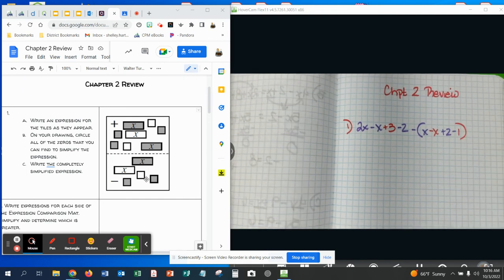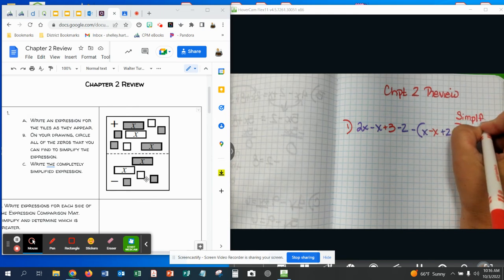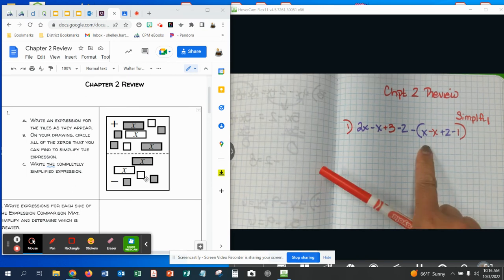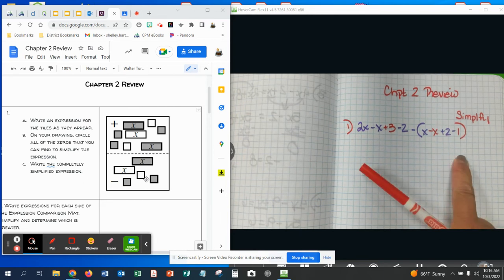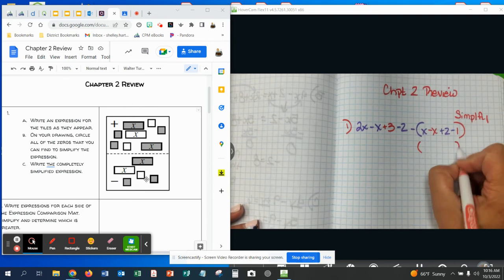All right. Now we need to use the word simplify. How are we going to simplify this expression? Shouldn't we add the parentheses first? Yes, we should add what's in the parentheses first. And what do we get with this parenthesis?